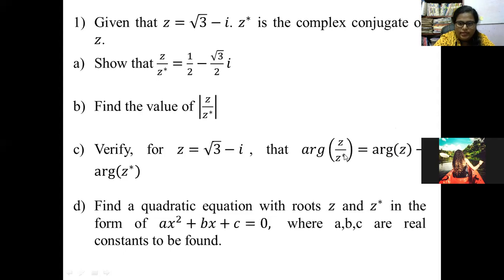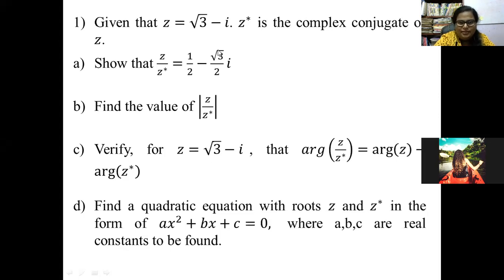Arg z over z star is equal to arg z minus arg z star, right? So here you have to verify this result for your question, for your z equals minus 3 over, minus 3, square root 3 minus i, right?